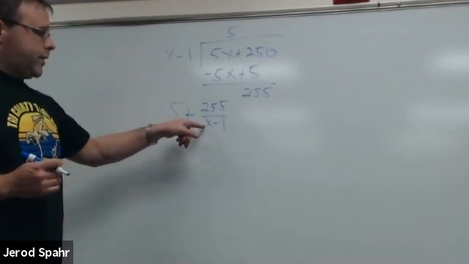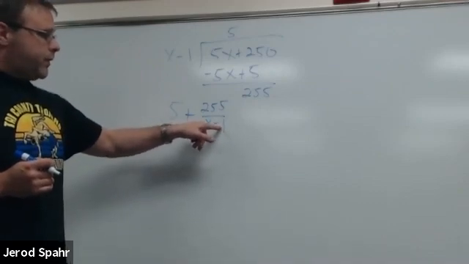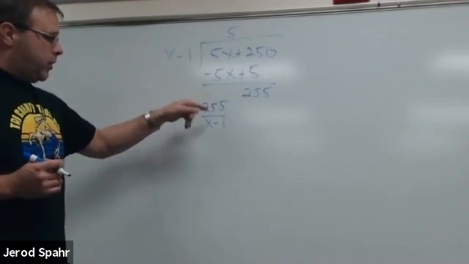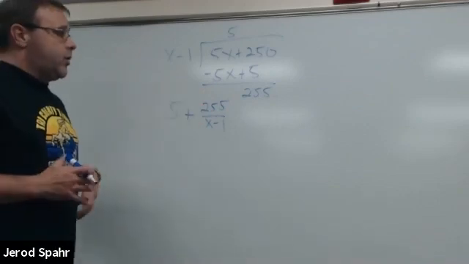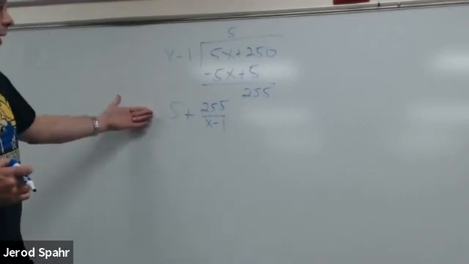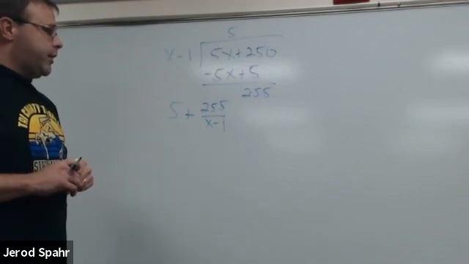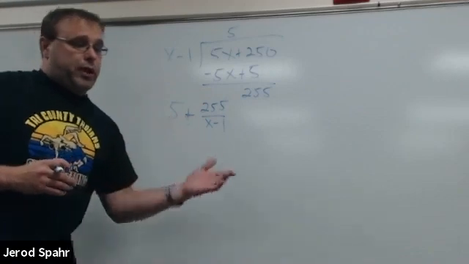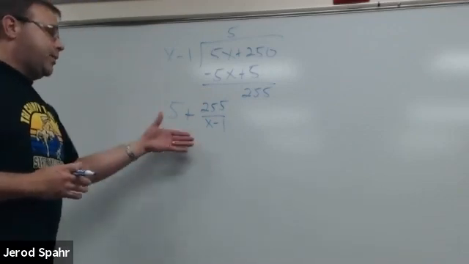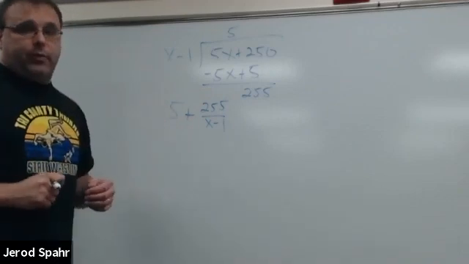Because we have to go 262 minus 2, so we get 260. 260 divided by 260 is going to be 1. So 5 plus 1 is going to be $6 a person. So this is just the way they figure it out. It doesn't matter however many people show up, we can easily calculate it. It just happens if some people are leaving and some people are still coming in, that's when you're going to have a little bit of a problem. Just got to send everyone a bill, I guess.